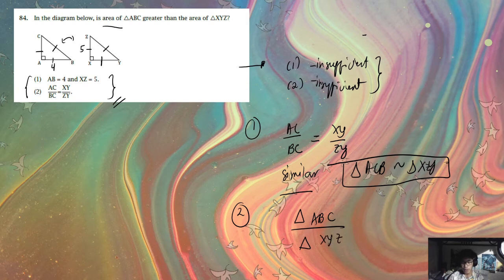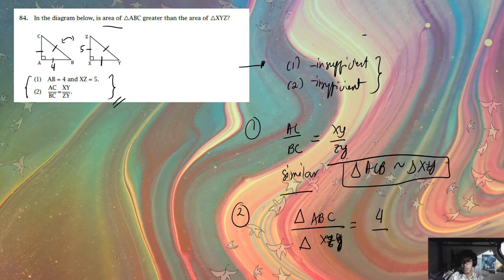I'm sorry, I keep interchanging the triangle labels. Now, there is a corresponding side for triangle ABC, and that's AB, which is equal to 4. And the corresponding side on triangle XZY is 5.